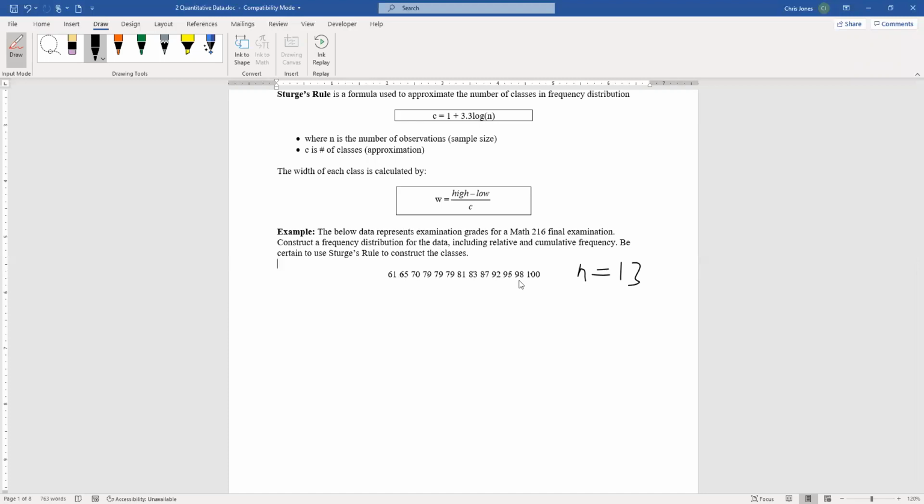So now we're going to figure out, by using this formula, the approximate number of classes. So we're going to say that C is going to be equal to 1 plus 3.3 log of 13. And what we're going to do is put that into our calculators. All right, and after this is done, I'll show you in a different video how to enter that into your calculator.